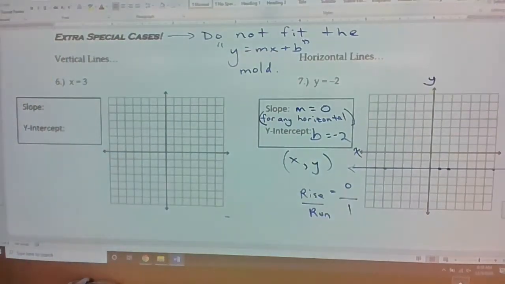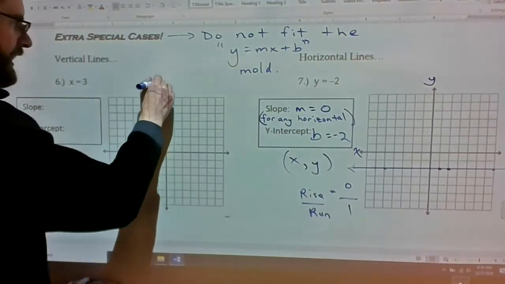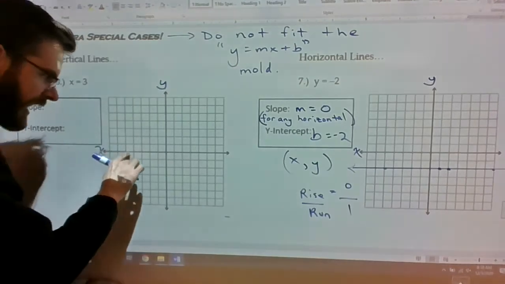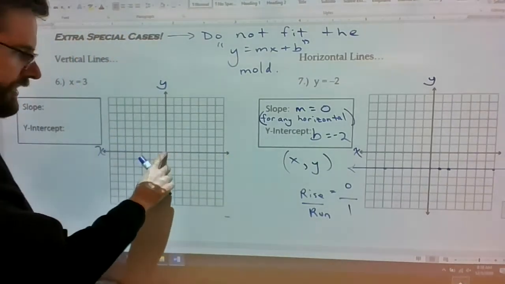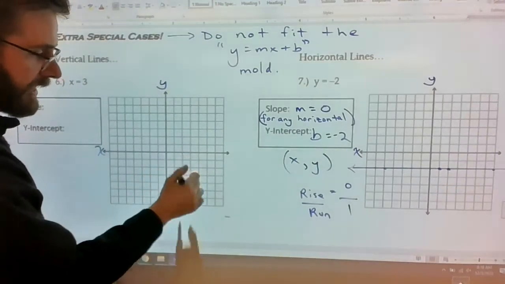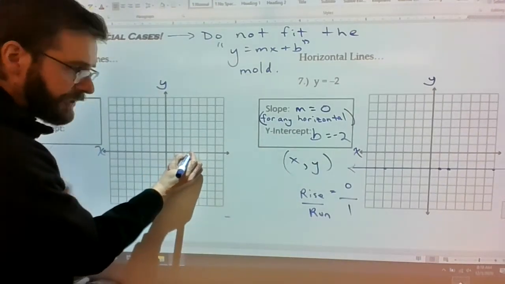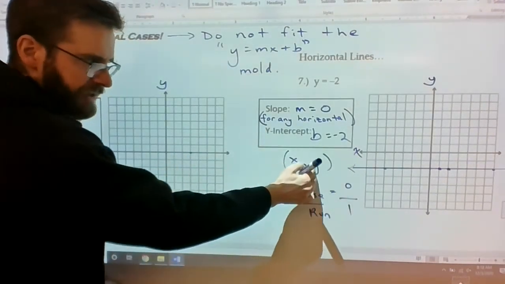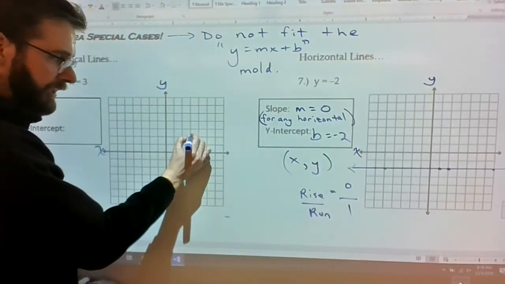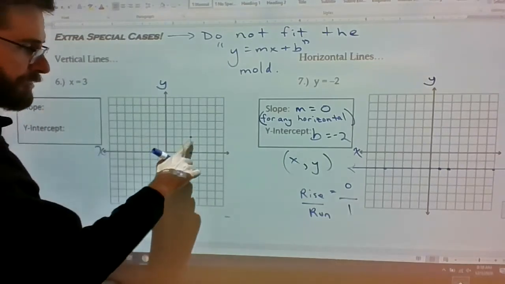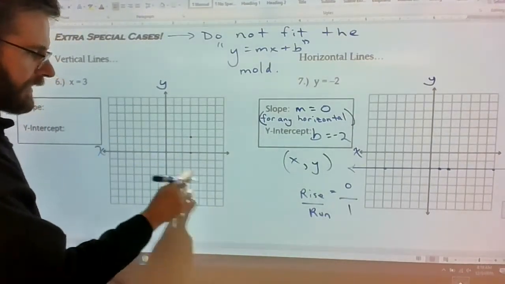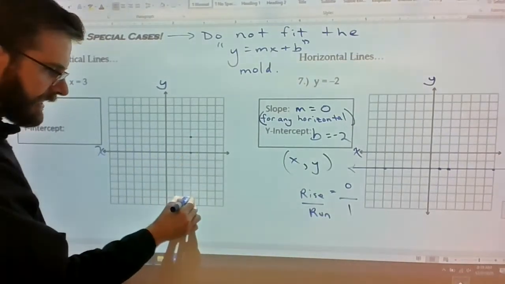Neither do vertical lines. So think about this. Here's our x-axis. When it says something like x equals 3, it's talking about 1, 2, 3. This is the point 3, 0. 3 is my x, comma 0. How about 3, 2? That's another point in which the x equals 3. How about 3, comma -6?